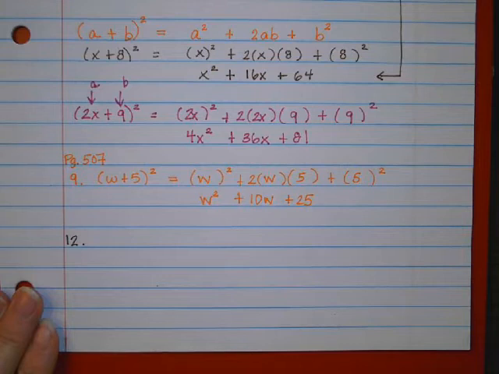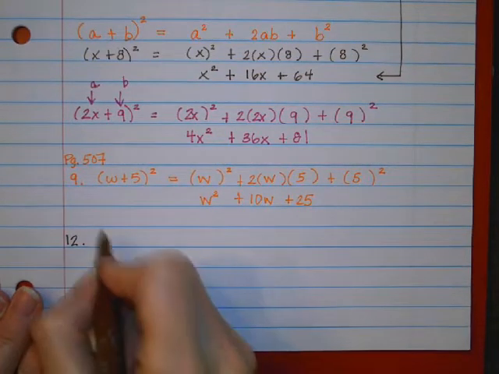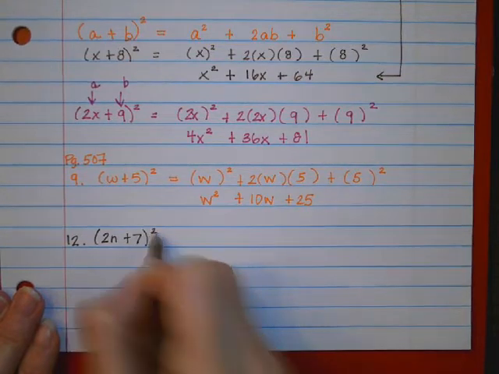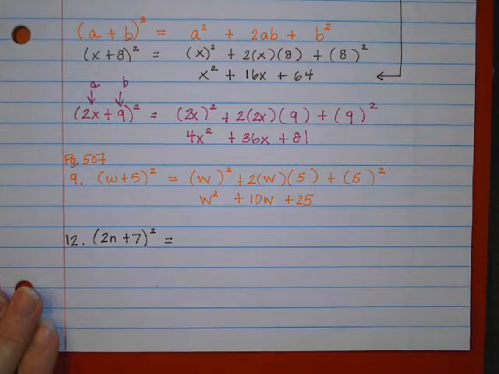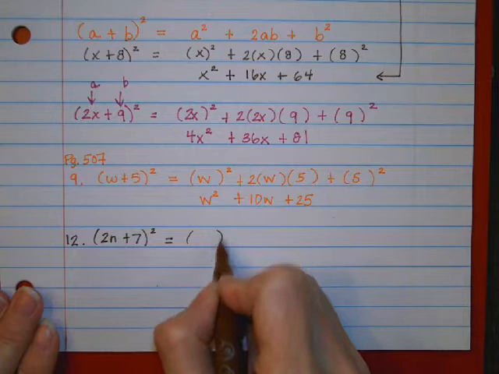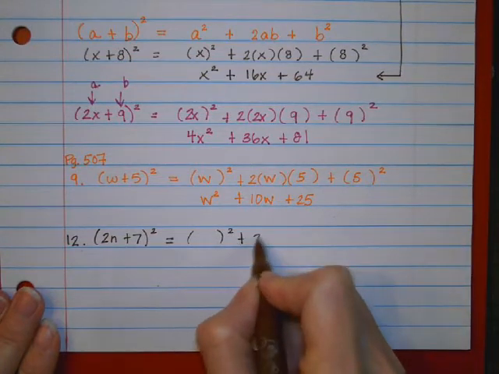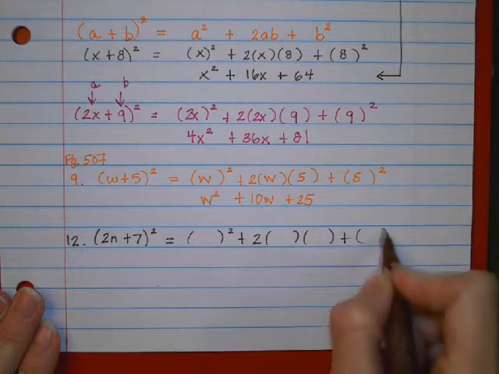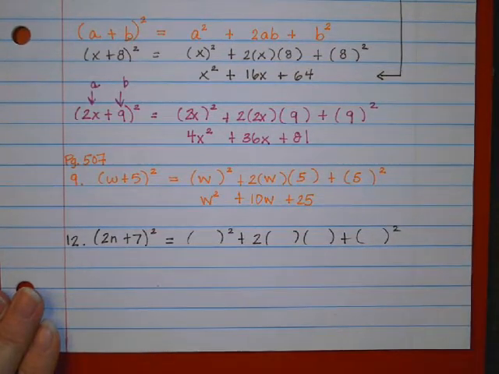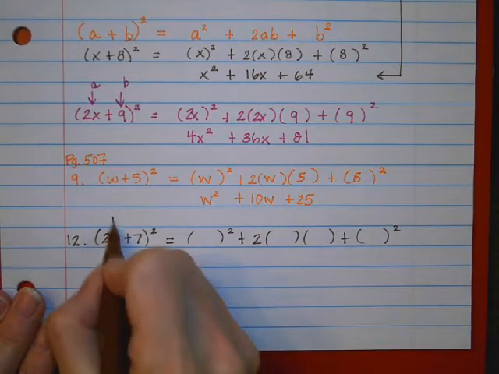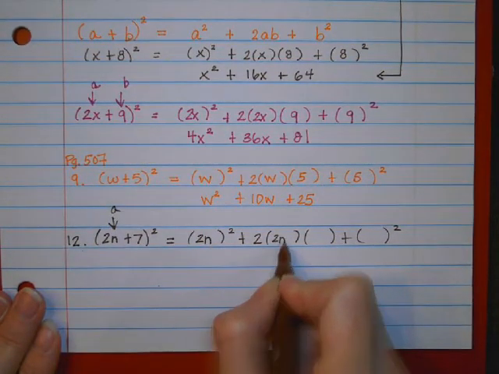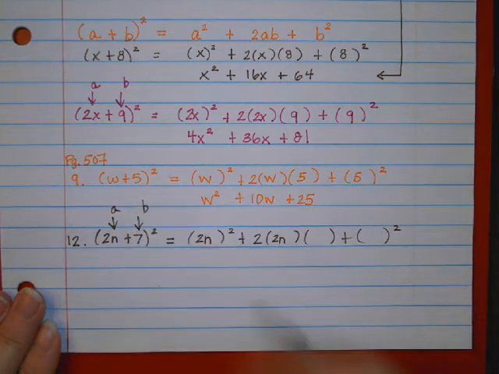Then we're going to do problem number 12. Problem number 12 says 2n plus 7, and then squared. Again, the pattern doesn't change. Our a value squared, plus 2 times our a value times our b value, plus your b value squared. So our a value is here, so that's 2n. And then our b value is 7.